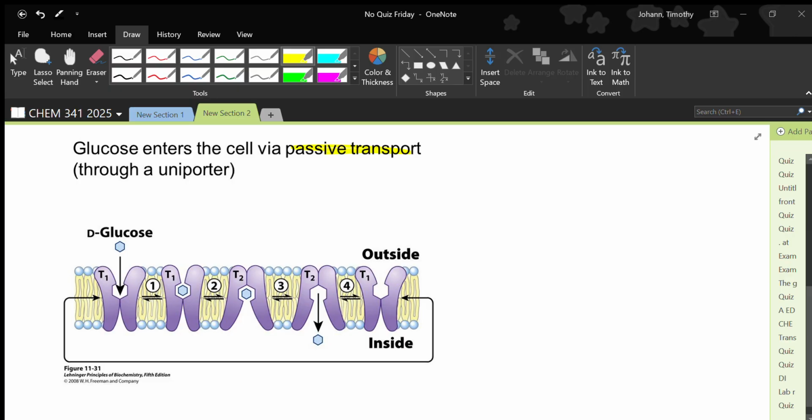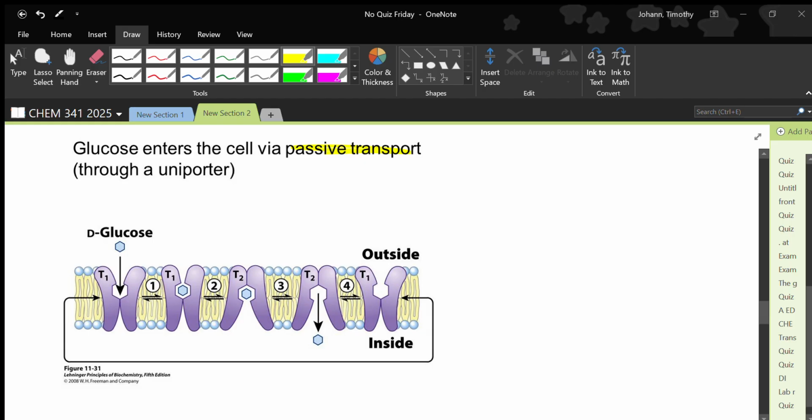I keep saying glucose, I don't say monosaccharides. Do we think this is a carrier or a channel, based on the cartoon? Carrier. It's specifically binding glucose. This is the one I talked about the other day. It'll bind glucose and not galactose.